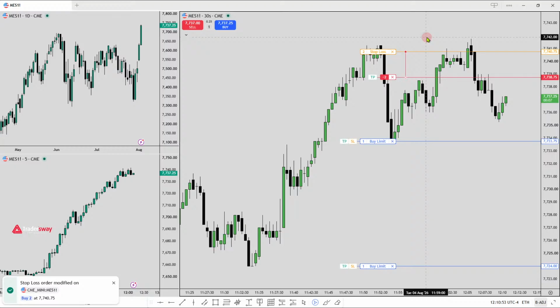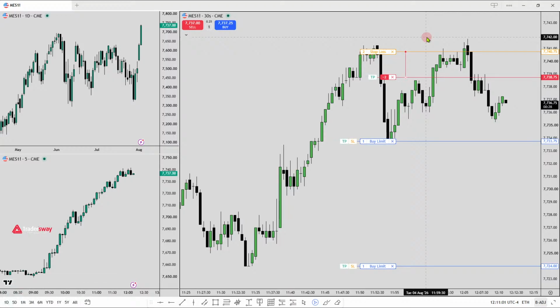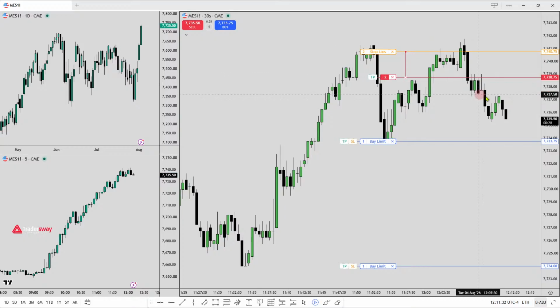Tightening the stop. No need to keep it at the equal highs. I like these 3 bullish candles.